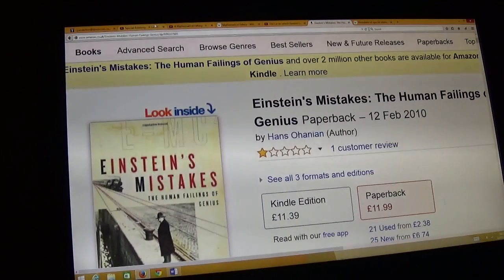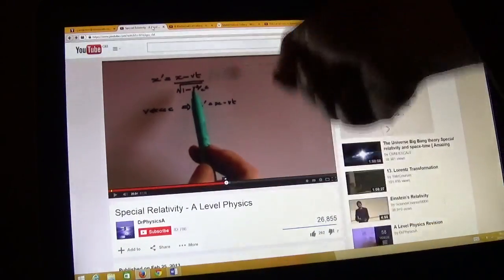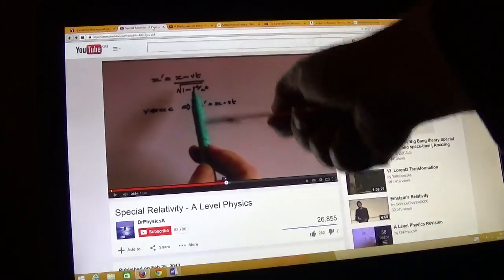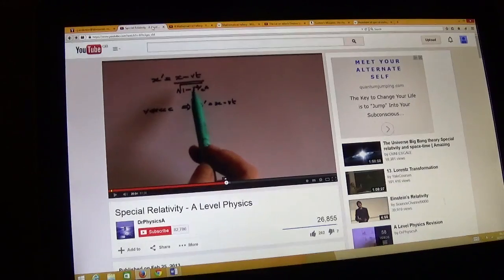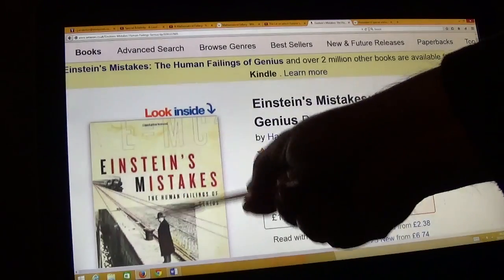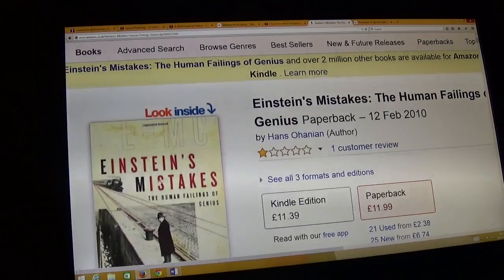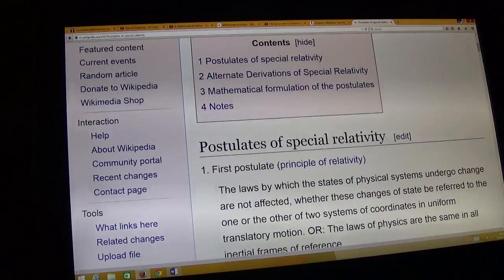So this person here, he's quite happy to use Einstein's bad maths. Whereas this professor who's written this book, he might be more aware of what's going on. He might not want to go by that bad maths, but anyway, that is what's being used.